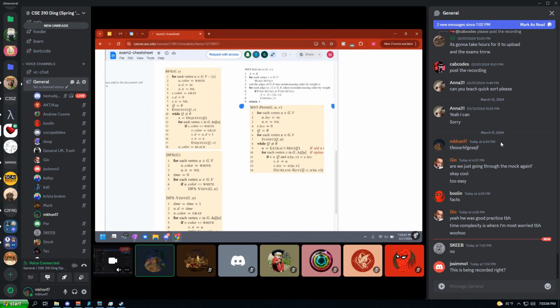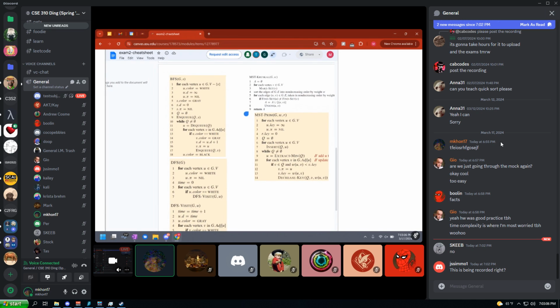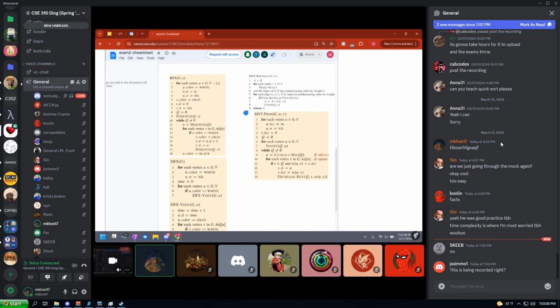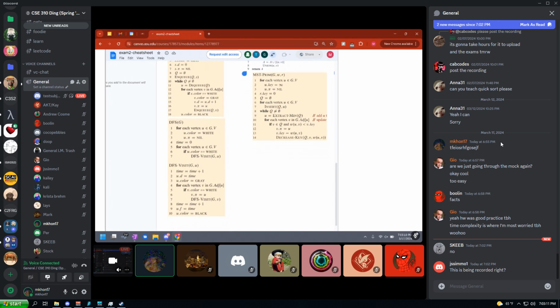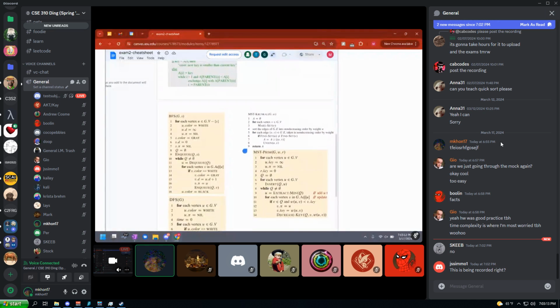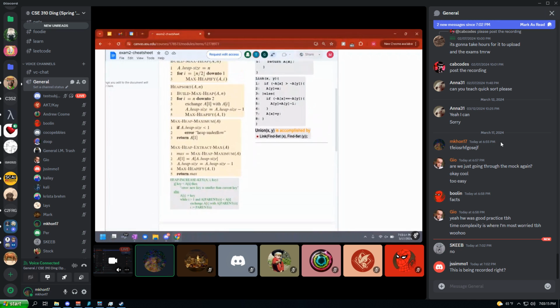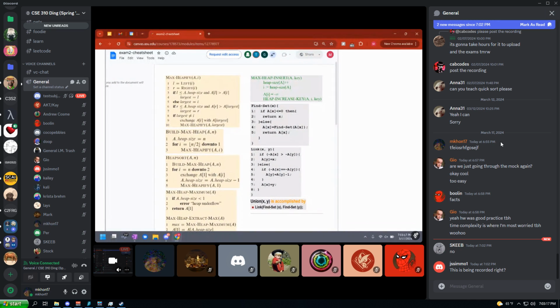Same with BFS and DFS. If you've forgotten the high level, you can read through that and it will remind you. The pseudocode is not as integral to succeeding as it was in the first exam. It's just there as a helper now. It's not as important this time around, so you should be fine.